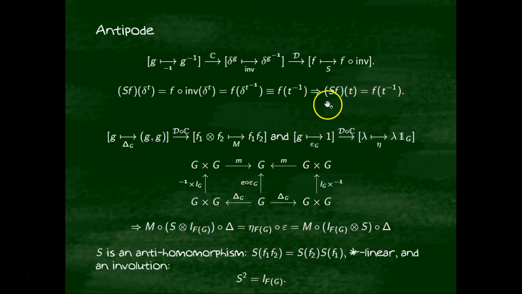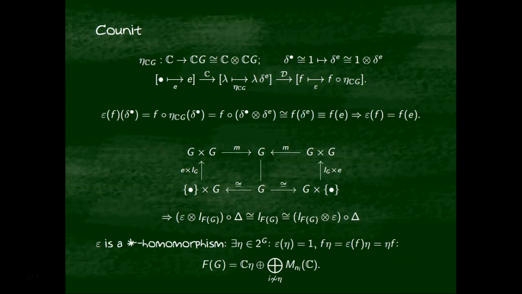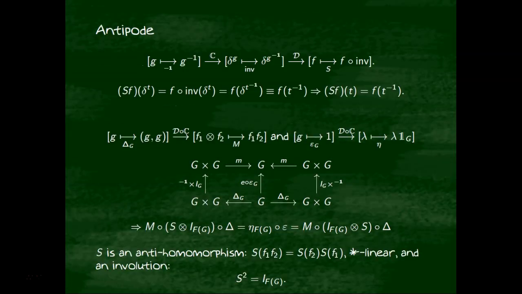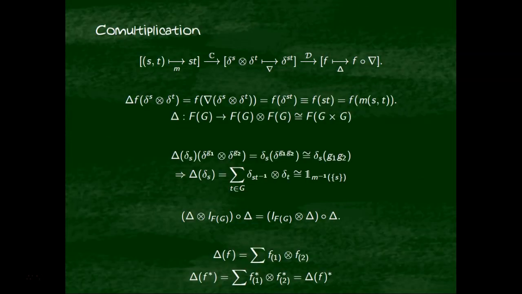And the antipode, which goes from the algebra functions to the algebra functions, which satisfies this here. Together with the fact that the algebra functions is a C-star algebra, which essentially says that you can multiply the things together and it can be represented as bounded operators, which we've done back here. I think if I say that the co-multiplication is a star homomorphism, I think that is the definition of the algebra of functions on a finite quantum group.